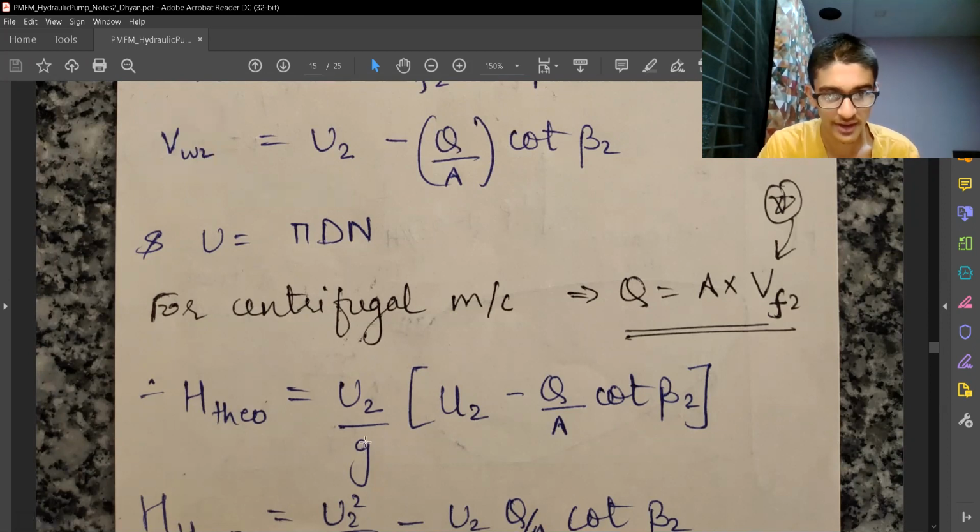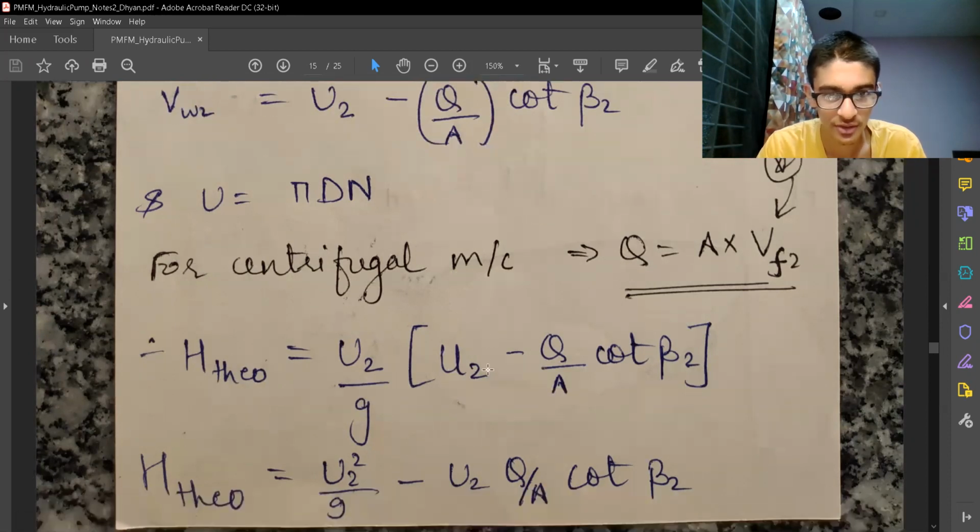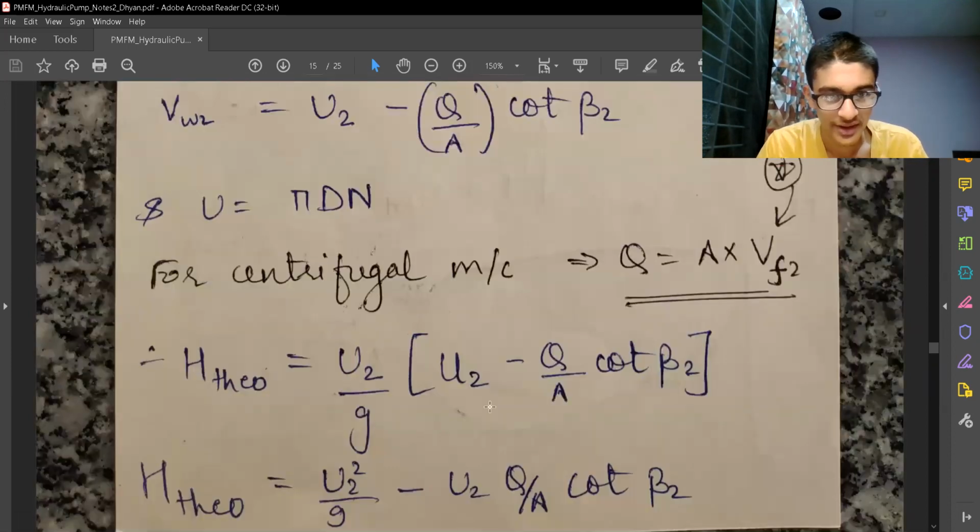So theoretical head we have is U2 by g into VW2. So we have replaced VW2 over there, and we have just multiplied and brought U2 by g inside this factor. So now we can see that the theoretical head is a function of Q, and once the pump is manufactured, diameter is not going to change.